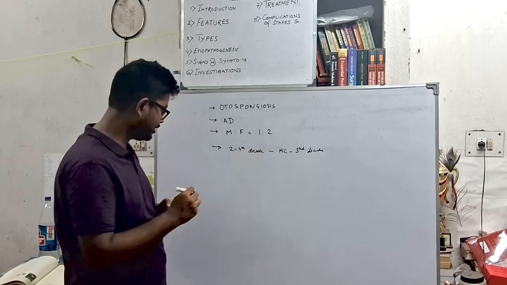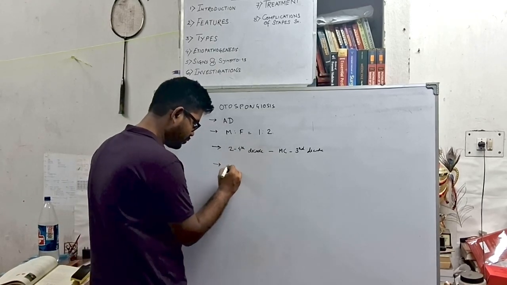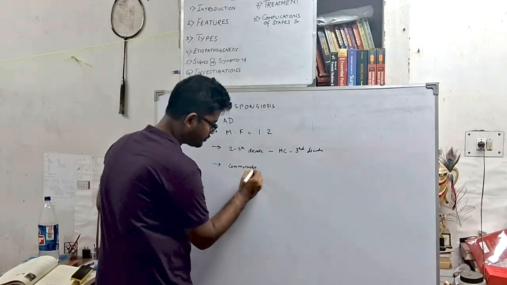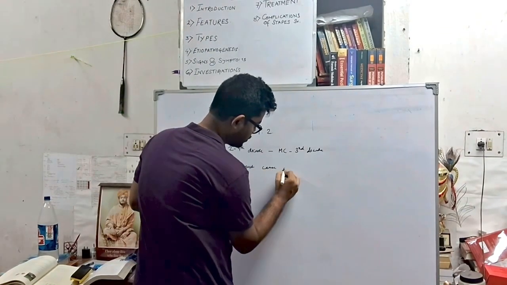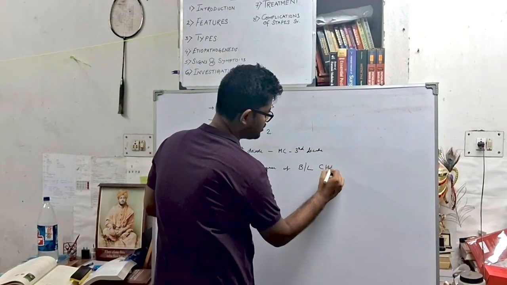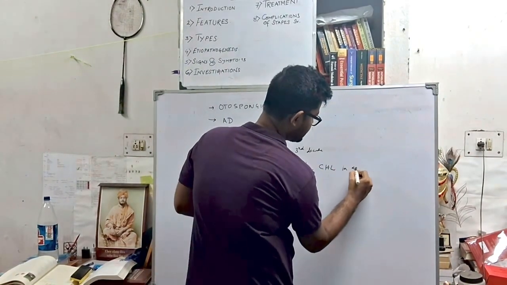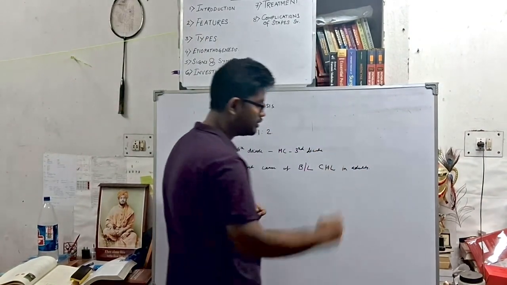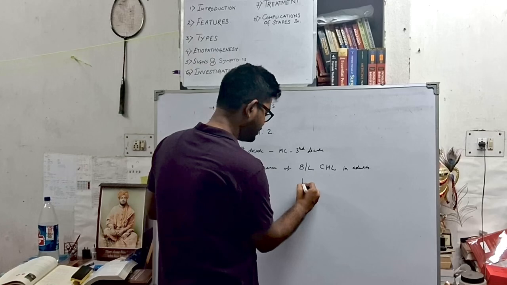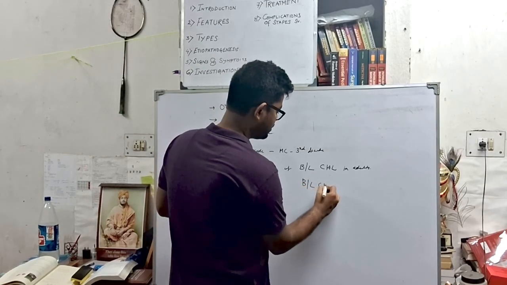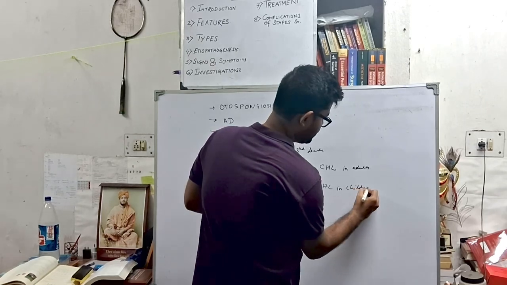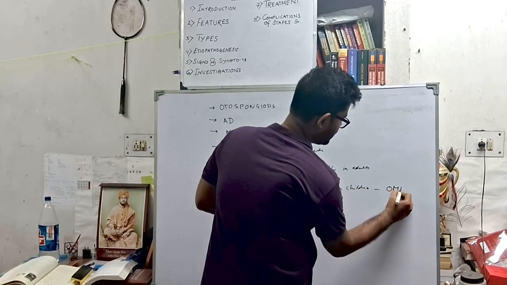And it is the commonest cause of bilateral conductive hearing loss in adults. In children, the commonest cause of bilateral conductive hearing loss is otitis media with effusion.